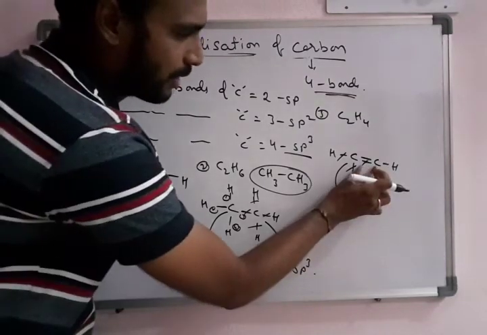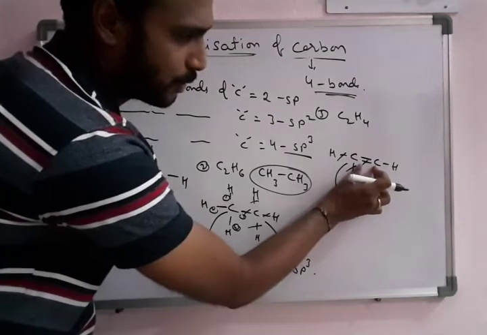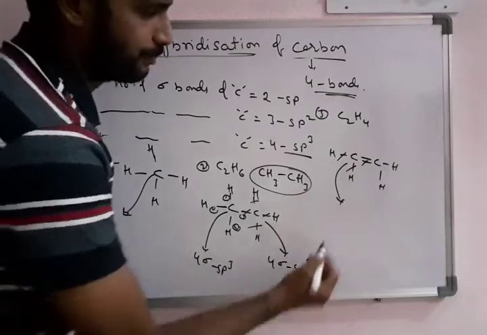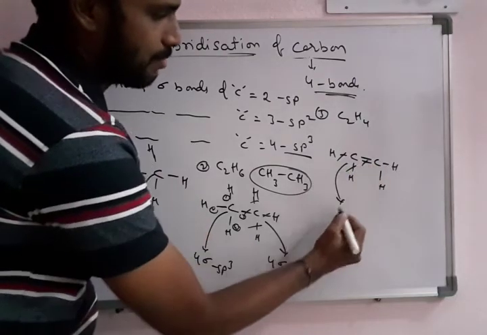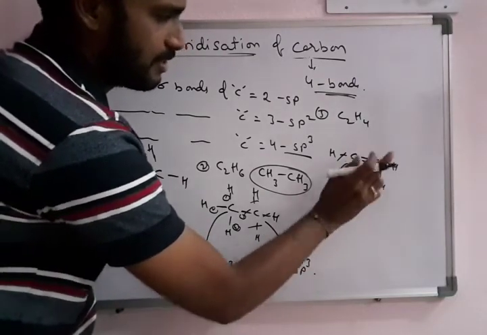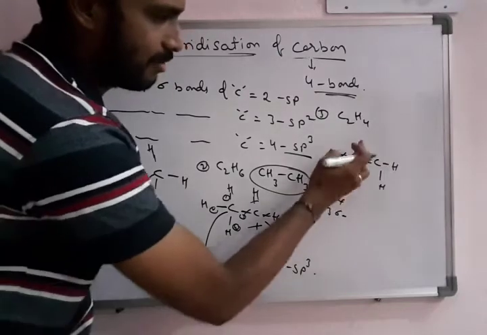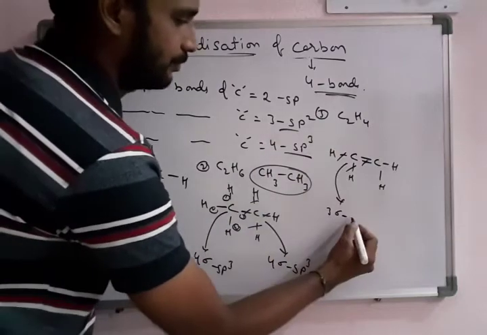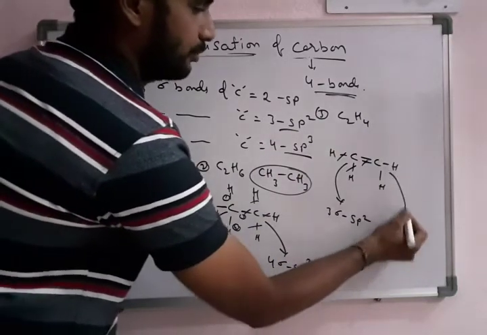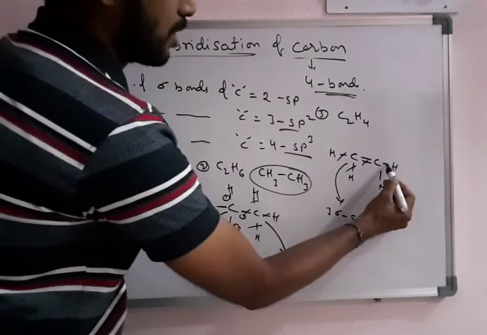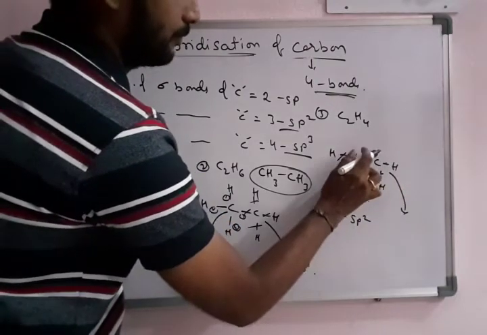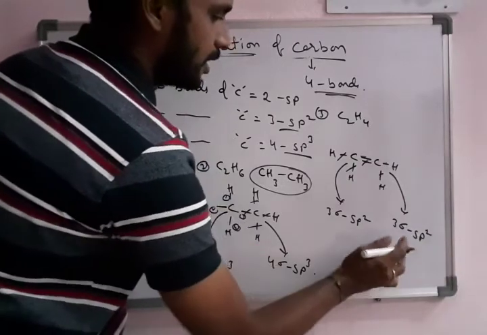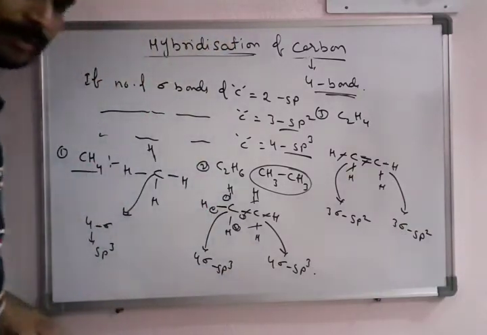Between any two atoms there is only one sigma bond. So this carbon is having 3 sigma bonds. Just leave the pi bond; there is no need to count the pi bond. 3 sigma bonds indicate sp2. So this is also having 1, 2, 3 sigma bonds, and it also undergoes sp2 hybridization.